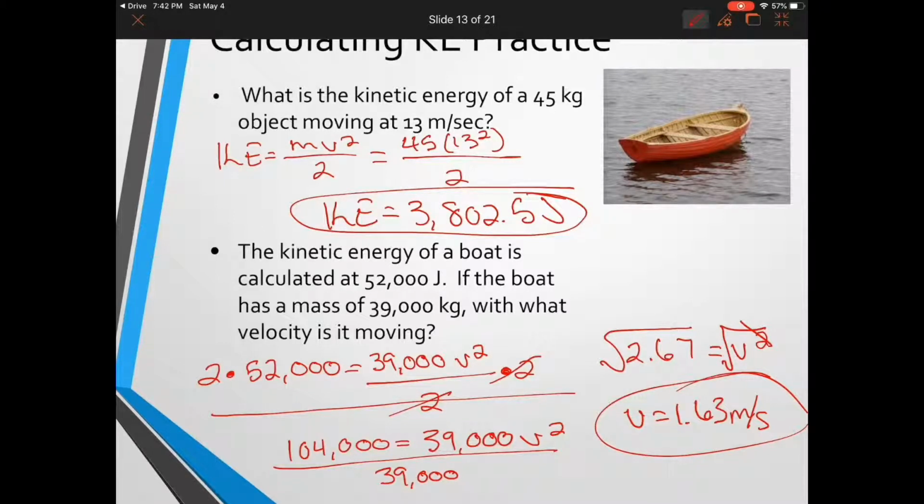All right, so like I said, the easiest way to do these problems is to put the numbers in and rearrange as you go. If you want to rearrange the equation beforehand, you can do that. And if you do, your equation is going to look like this.